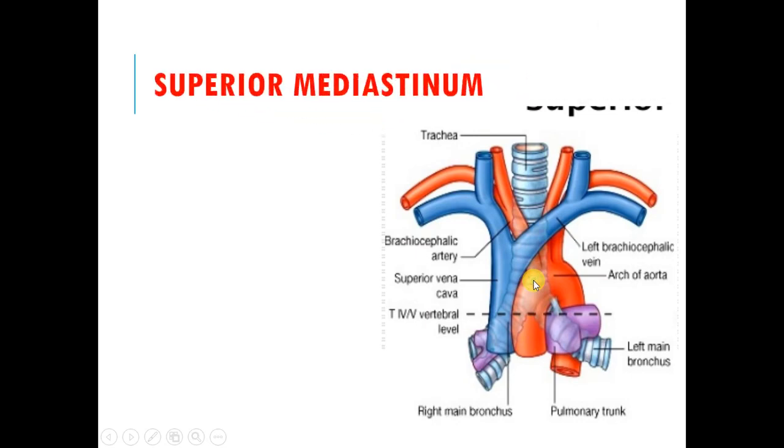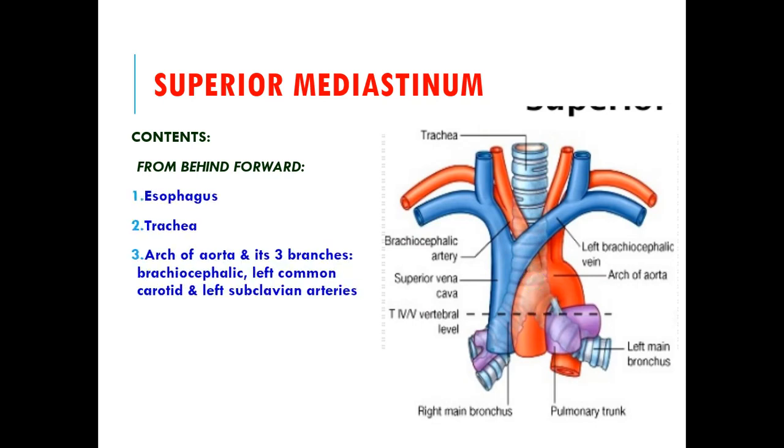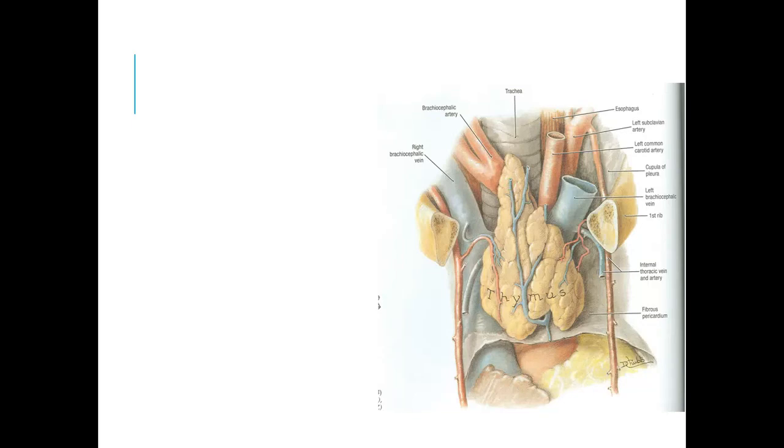So the contents will include, from behind forward, the esophagus, trachea, then the arch of aorta with its branches, then the right and left brachiocephalic veins and superior vena cava, then the thymus gland, which is not shown here. It will be shown in the next diagram. Here we see again.